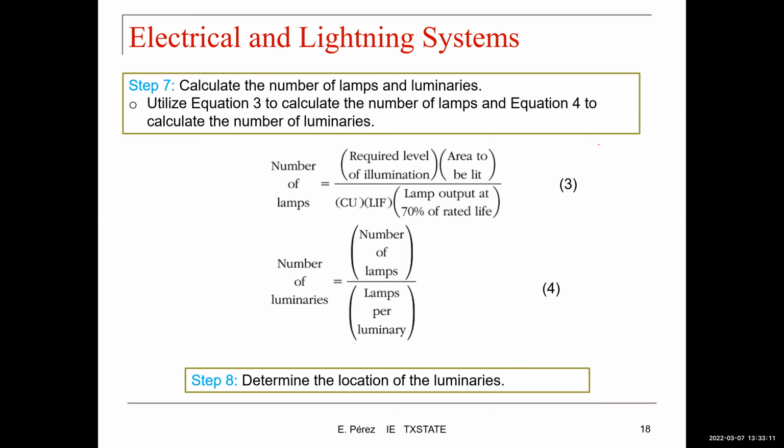So we get the number of lamps, and then with the number of lamps, we can compute the number of lamps per luminary, and that will give us the number of luminaries. Then step 7 will be to determine the location of the luminaries.